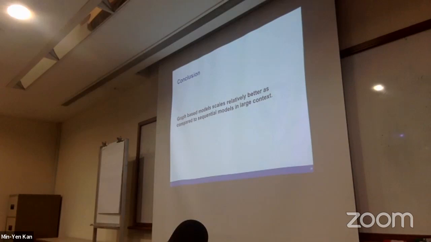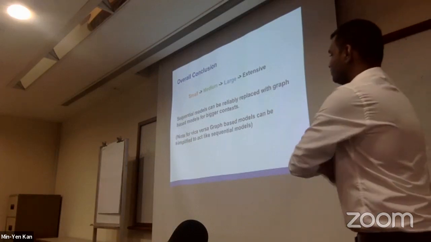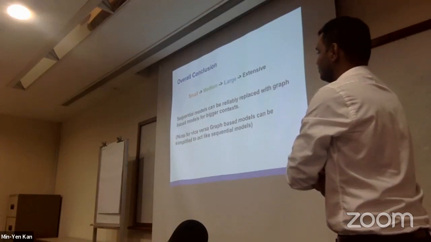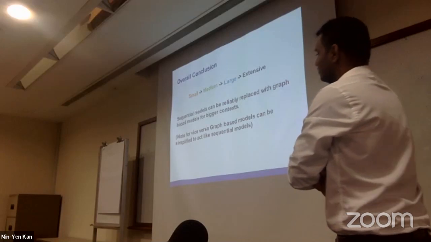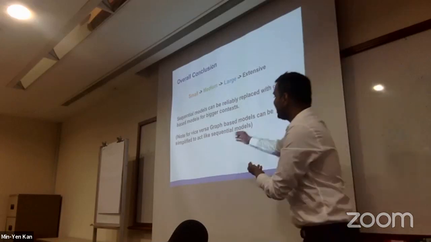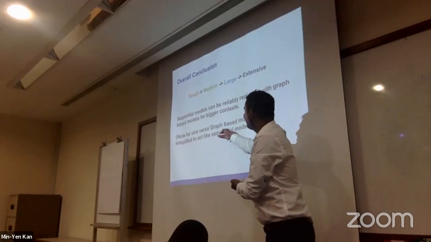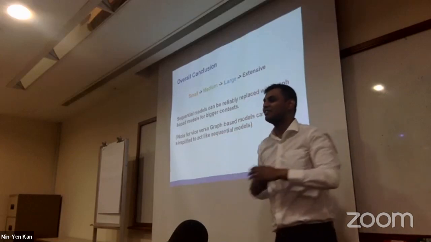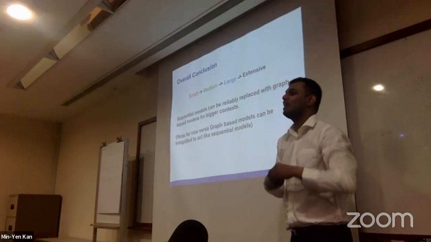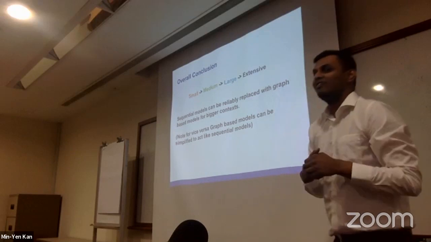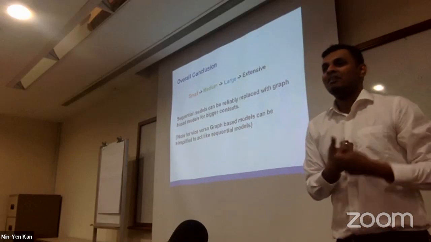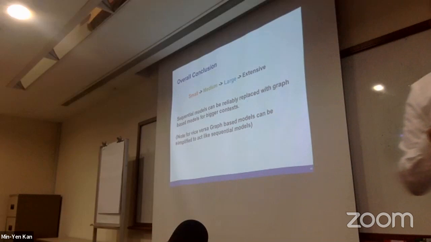This is the final conclusion. So it actually supports your point. It says that a graph-based model can be simplified to act like a sequential model. A sequence, to me, is just a graph with the edges removed. Yeah, I agree.